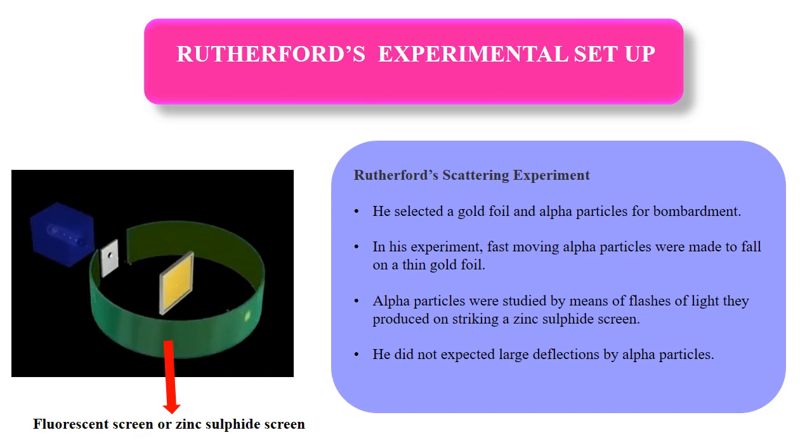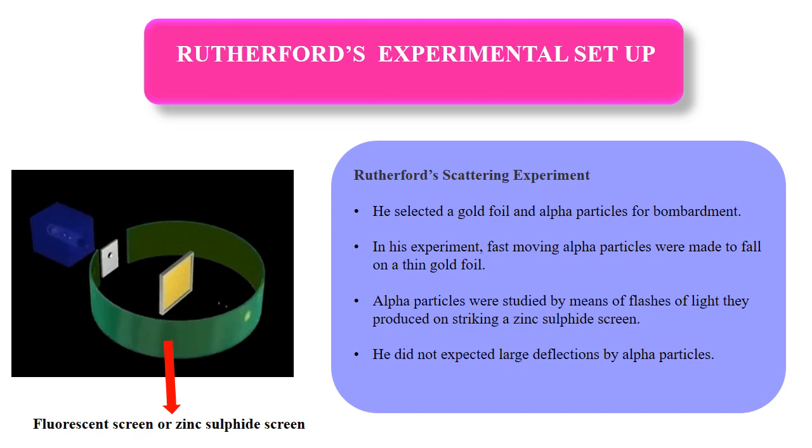He chose alpha particles, which are nothing but doubly charged helium ions having a considerable amount of energy. These particles were studied by means of flashes of light they produce on striking a zinc sulfide screen. This zinc sulfide screen, which can be seen in this image, is also called a fluorescence screen.